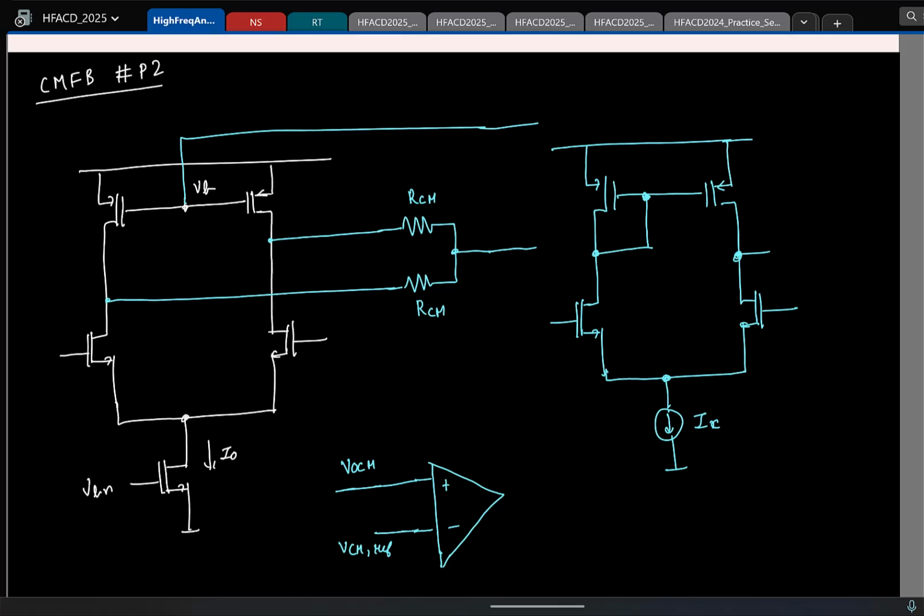Left. Remember that if I increase the gate voltage here, what can you say about the drain voltage? It decreases. So the right side is negative, right? So that should be clear.